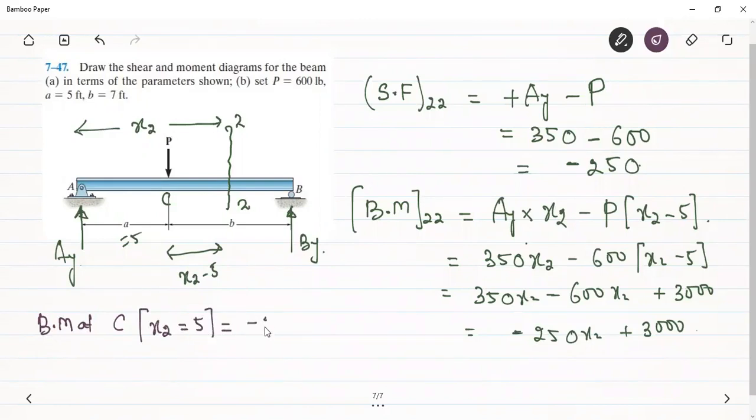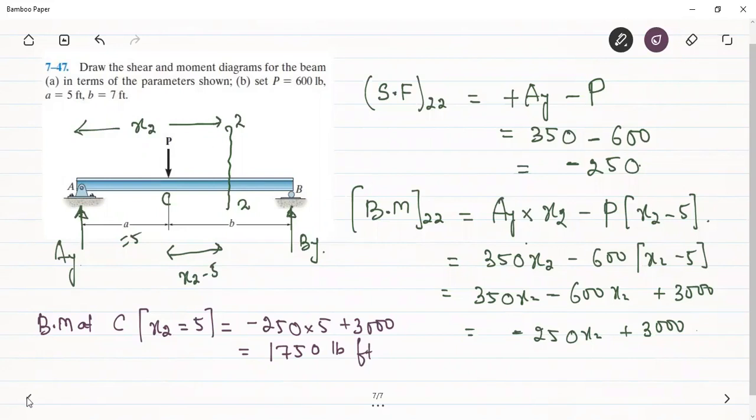That will be equal to minus 250 into 5 plus 3000. It will be equal to how much? 1750 after solving, is it? Okay, 1250 minus 3000... it is 1750.